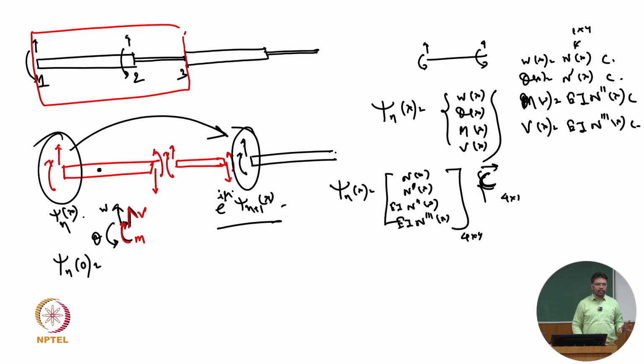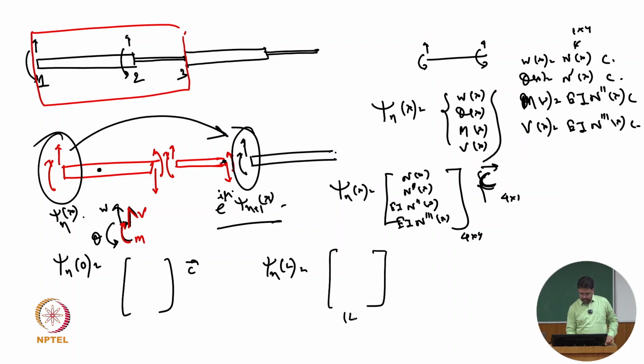Now think what is happening, so that I can get it from here. If I substitute that, I can get it. No issue. Now if I try to calculate phi n L, what will it be? Just think like we are calculating it here. You can just place L here instead of x, and I will get it.